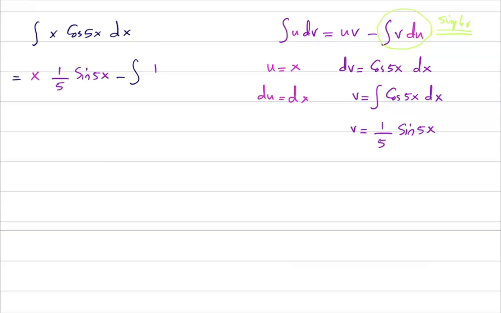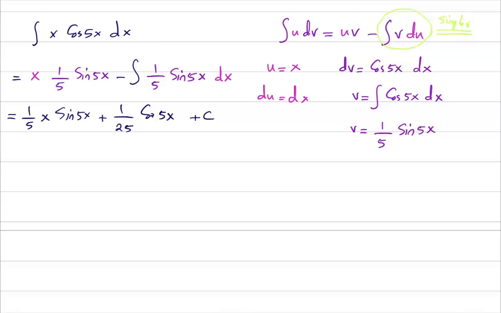What is v? v is 1/5 sine of 5x, and then du, which is just dx. So this integral is equal to 1/5 times x sine 5x minus 1/25 cosine of 5x plus c. And since it already has a negative sign in front of it, negative times negative, it becomes positive.